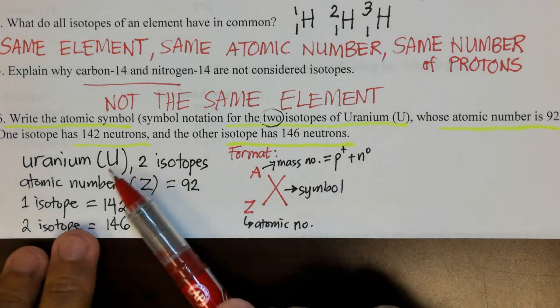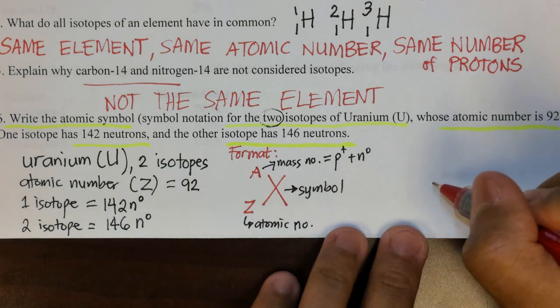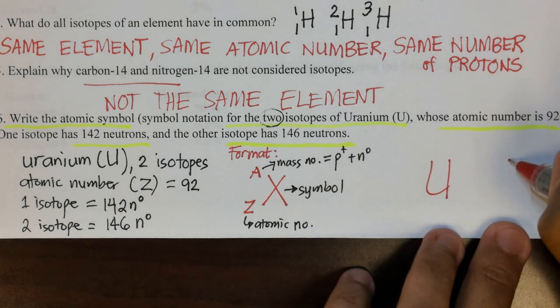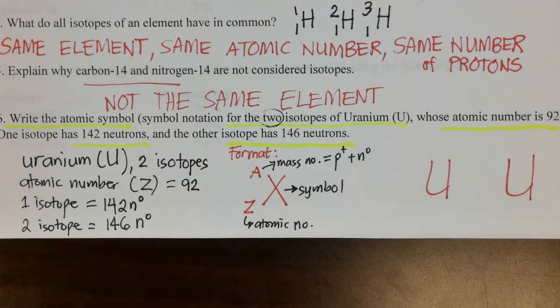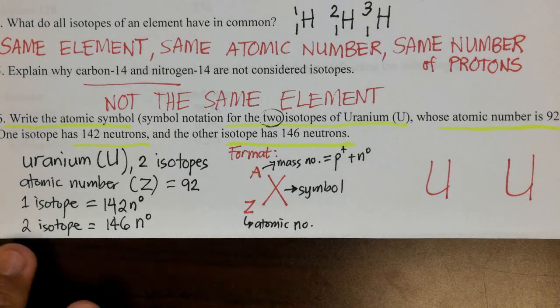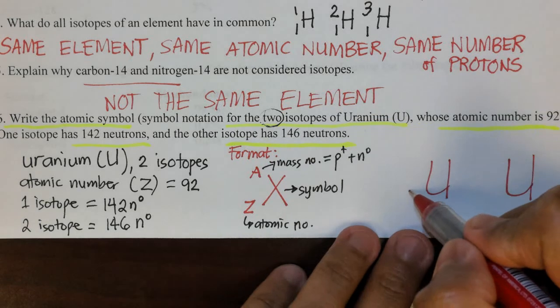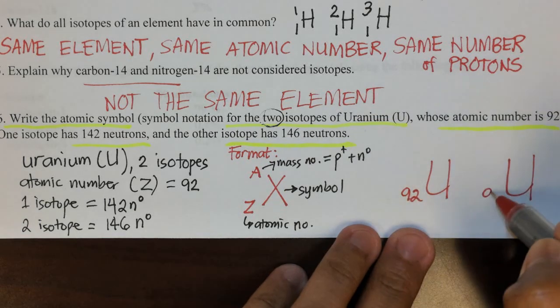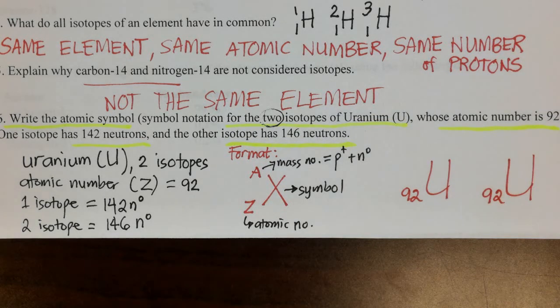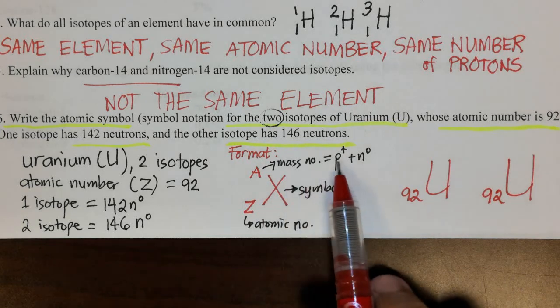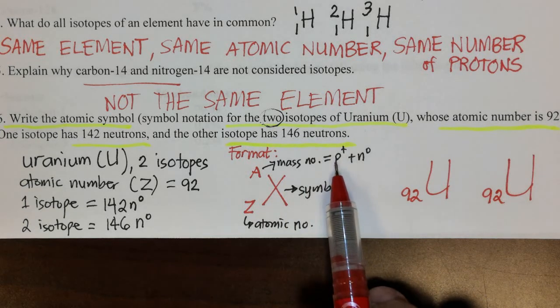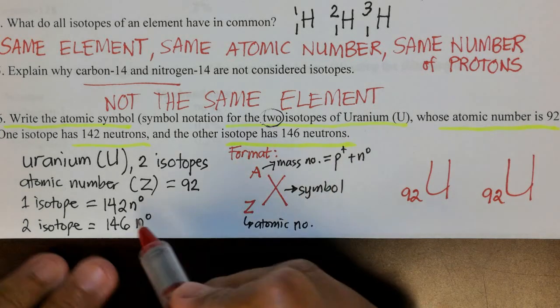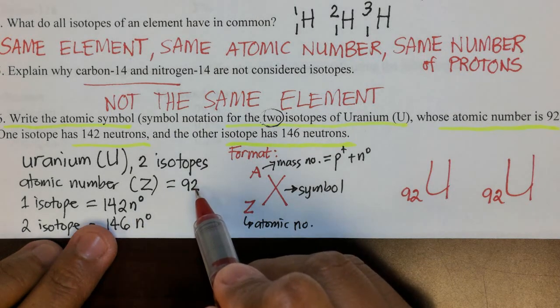So let's write the symbol first. Symbol is U. So I'm going to write letter U twice because it's two isotopes. Then I put the Z. The Z is 92. So I put 92 here and 92. Then all I need to do is solve for my mass number for the top. It's protons plus neutrons. So how do I do that? My protons is just the 92.